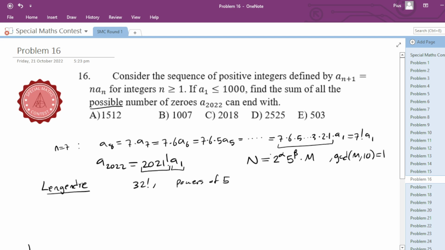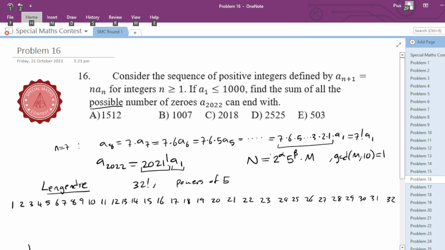Alright, so let me expand this out now. This is the product expansion of 32 factorial. To get the powers of 5, we need to simply identify those that contribute factors of 5, which will be the multiples of 5, which I'm highlighting now. So I can put them out under here: 10, 15, 20, 25, 30.